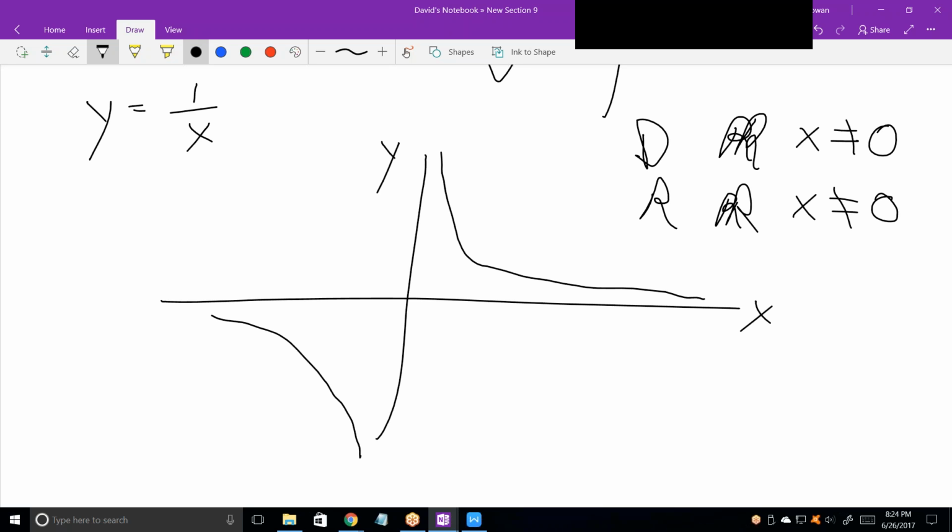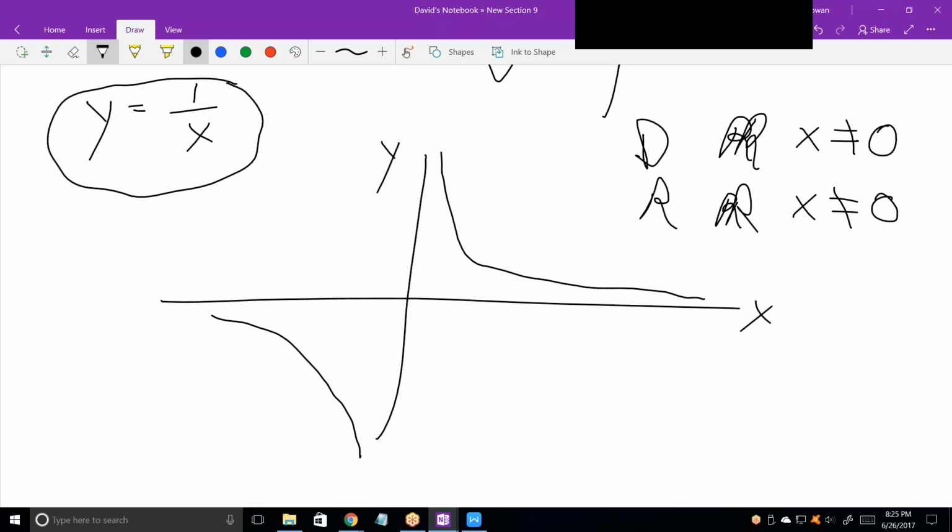Notice, whether I'm looking up here on the left, is there any way to make y 0? No matter what number you put in for x, and x can't be 0, that wouldn't make y 0 anyway. It would make y infinite. But any other number you put in for x, no matter what it is, y is not going to be 0. It's impossible to make y 0.